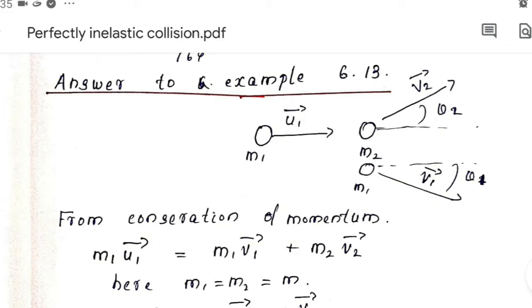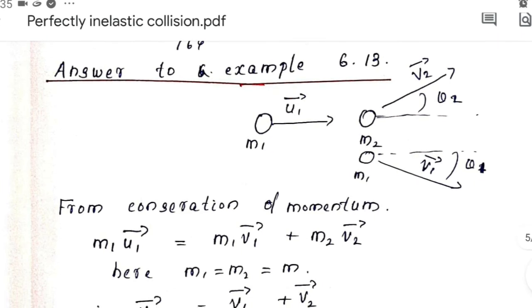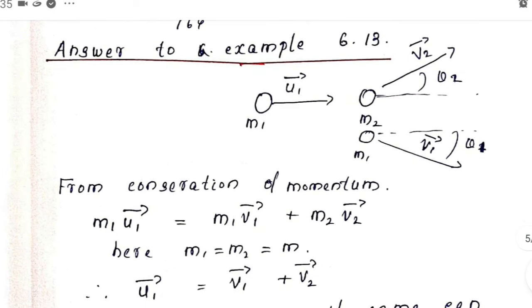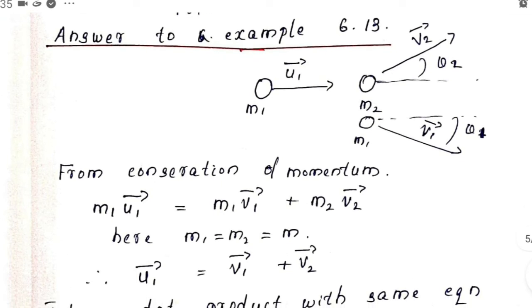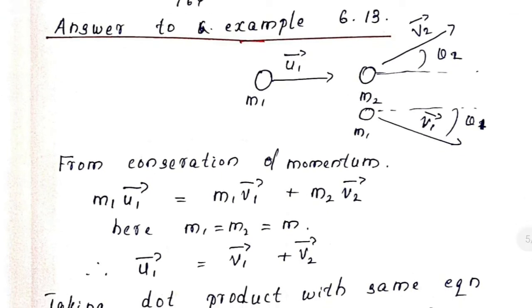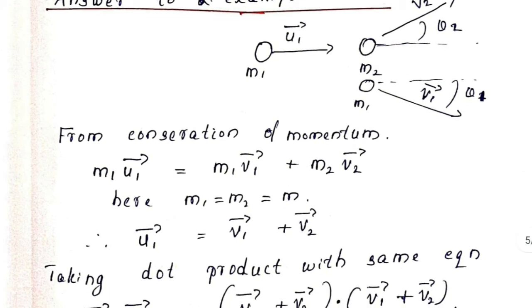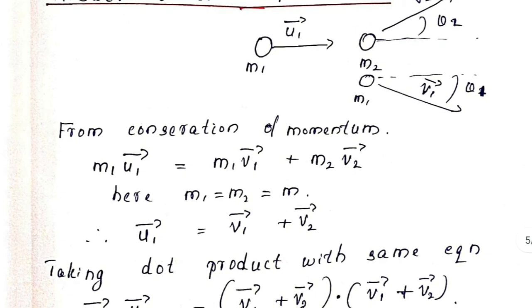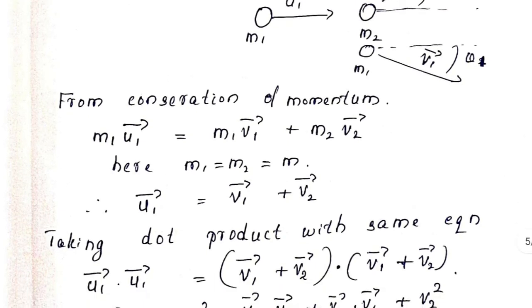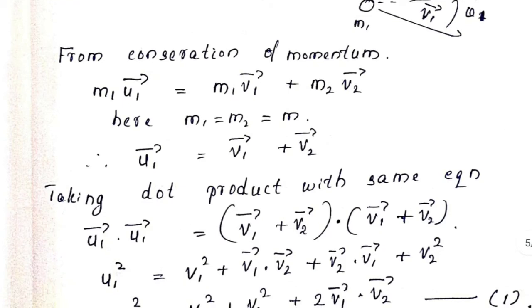So in this solution, we proceed as usual. First, we will write the equation based on the law of conservation of momentum. Here we are writing the vector equation as such, not in terms of components. So from conservation of momentum, m1 u1 equals m1 v1 plus m2 v2, where u1, v1 and v2 are velocities, which are vectors, and here m1 is equal to m2.